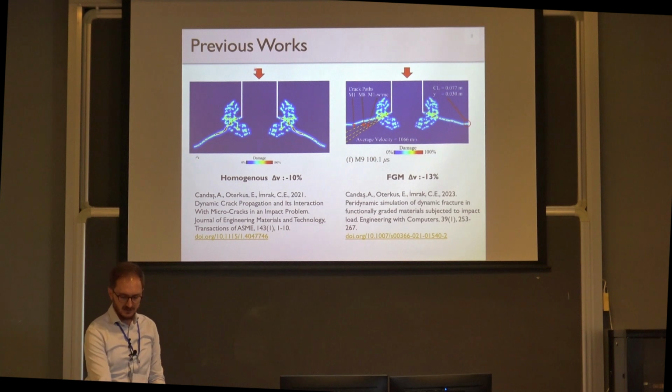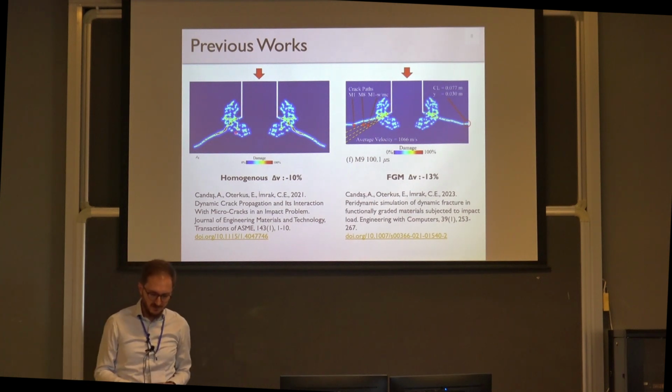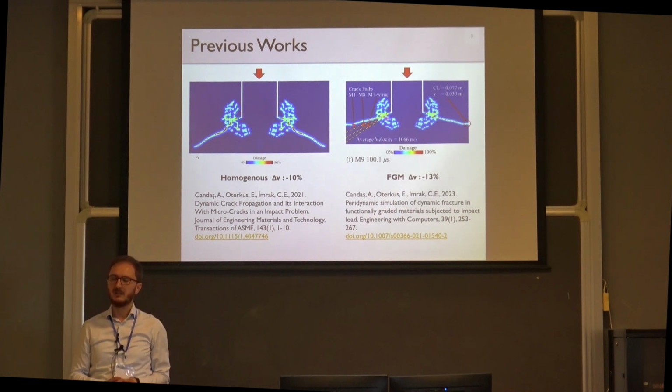There are some micro cracks located around the macro crack tip to obtain the toughening effect, and these micro cracks accelerate the crack propagation by around 10%. When we apply the functionally graded material model in the same model, we got a 13% deceleration in velocity.